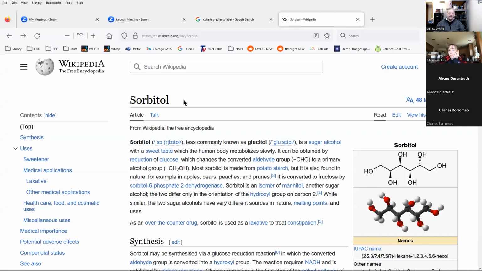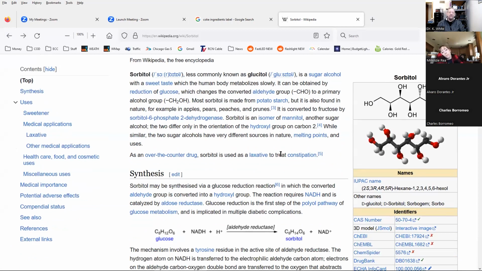It tastes sweet, but your body really doesn't metabolize it quickly. If you look here on Wikipedia, it's obtained by reduction, which is another way of saying hydrogenation of glucose. And most sorbitol is made from potato starch, which can be broken down to glucose. And where is it also found? In certain things like prunes, peaches, and other things.